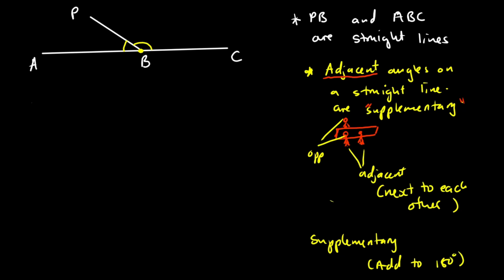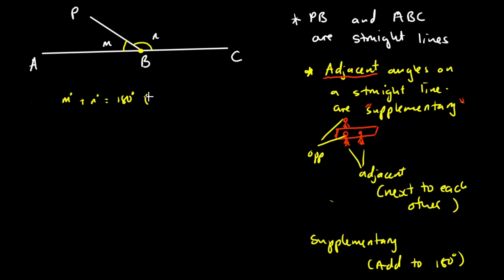180 degrees. So, ladies and gentlemen, we don't care what we are going to be given here. For example, we may be given M, and here we may be given N. According to our statement, M degrees plus N degrees is supposed to give us 180 degrees. And what's the reason?